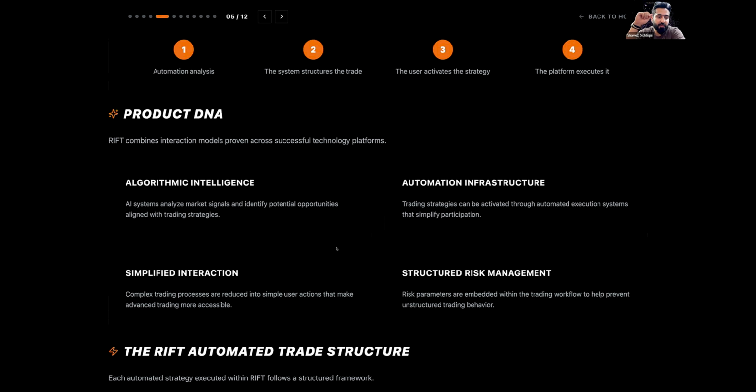Complex trading processes are reduced into simple user interactions. You just click and the trade is executed. You just cross, and the trades are closed within seconds. I will show you in the platform walkthrough in 15 to 20 minutes how trades are executed and how you can close all your positions at once.